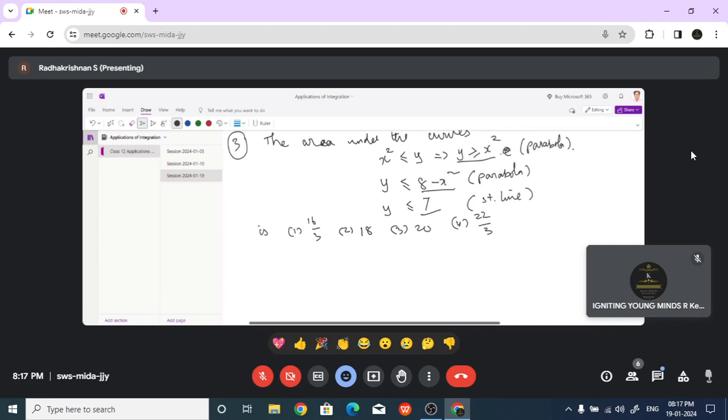Now, let's plot this. The best way is to plot this. So y greater than or equal to x square, plot y equal to x square. How will it look like? Where will its vertex be? Origin, sir. This is the vertex for y equal to x square.